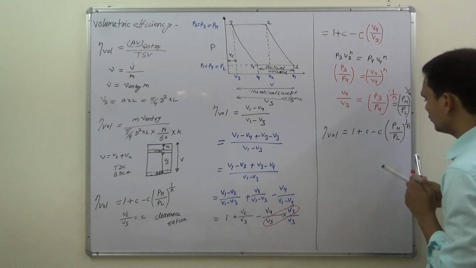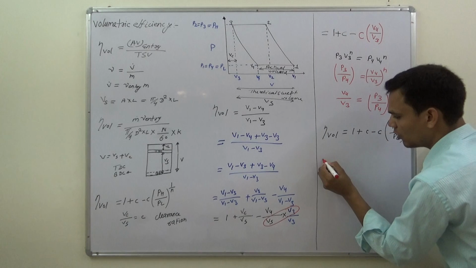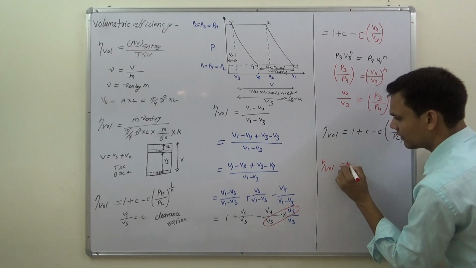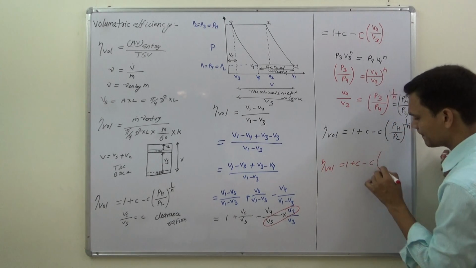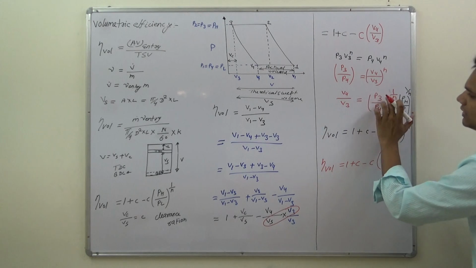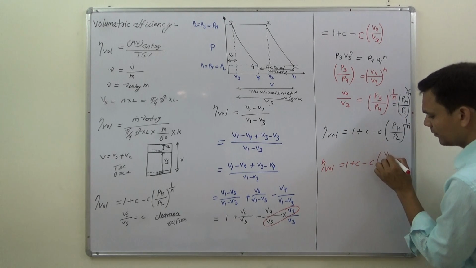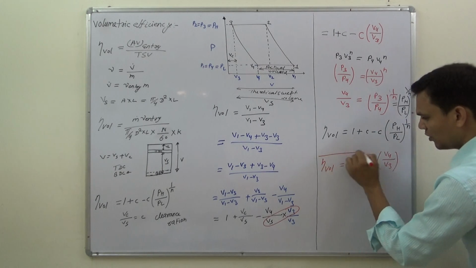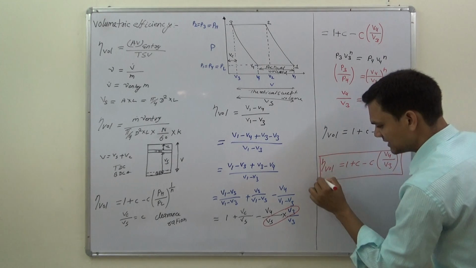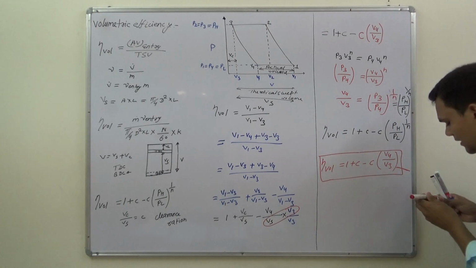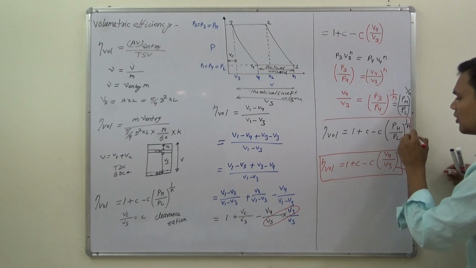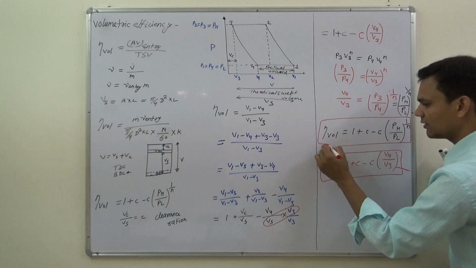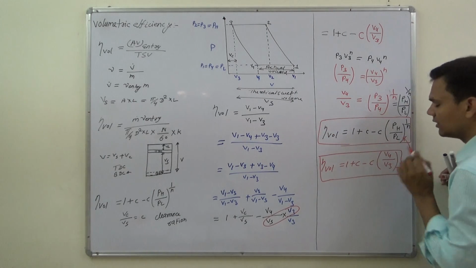Or we can also write this formula in terms of volume: 1 plus C minus C, and in place of this I can write V4 by V3. So this is the formula of the volumetric efficiency in terms of volume, and this is the formula of the volumetric efficiency in terms of pressure.